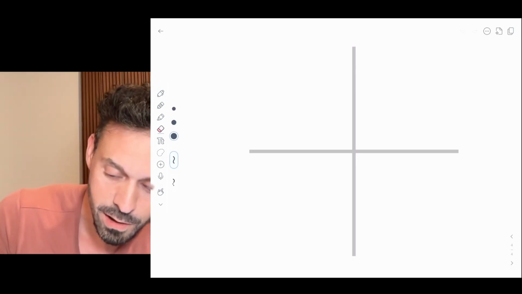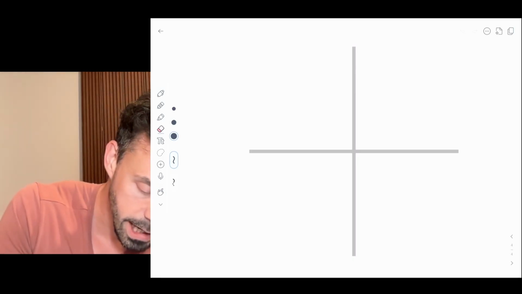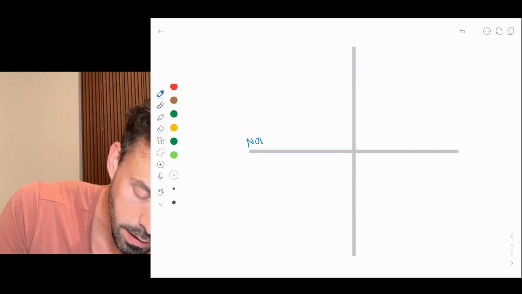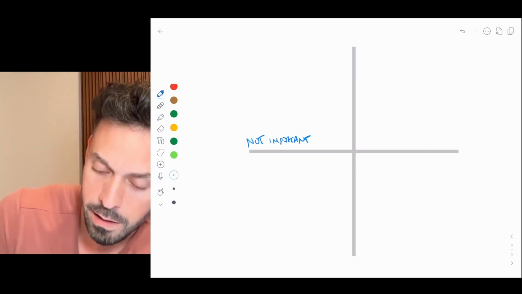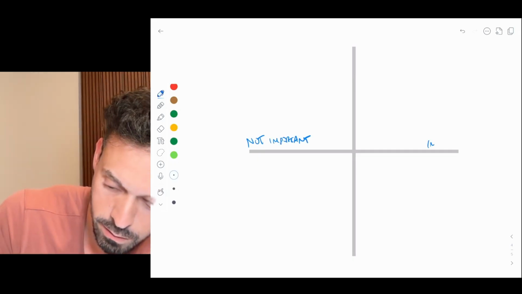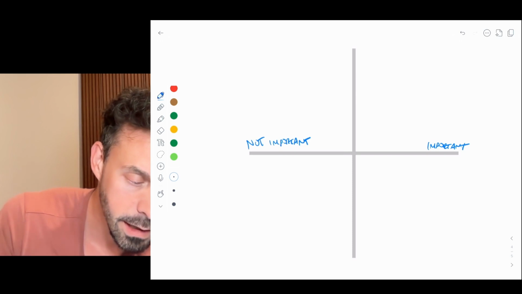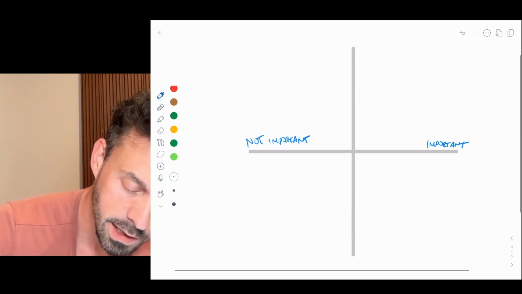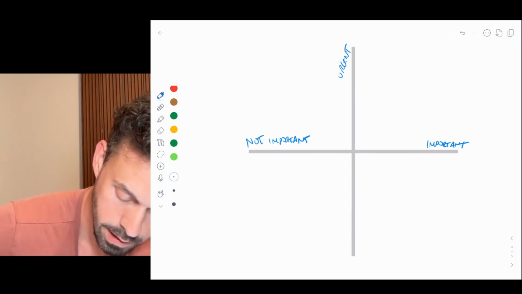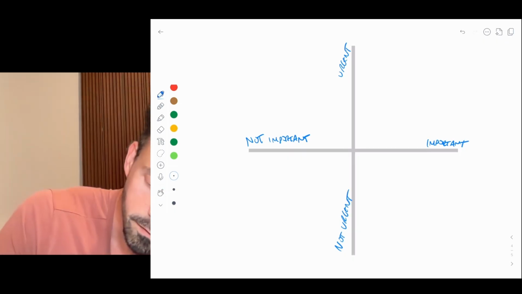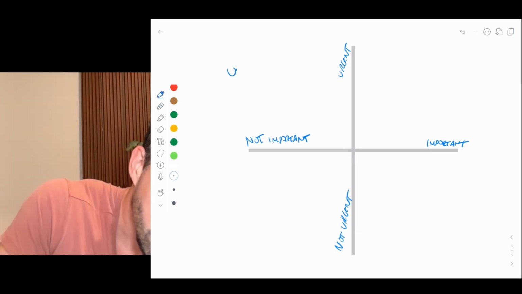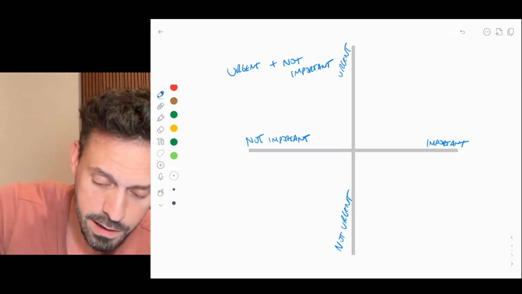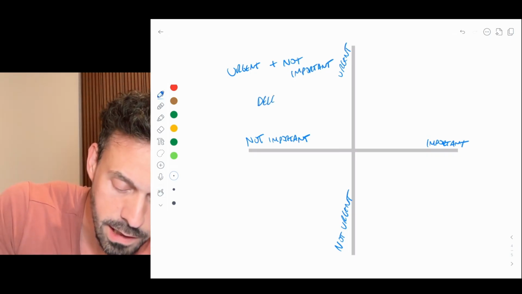For the axis going left to right, we have things that are not important. And then on the right, we have things that are important. And then up top, we have things that are urgent, and then down here we have not urgent. And so for things that are urgent but not important, this is stuff that you should probably delegate.